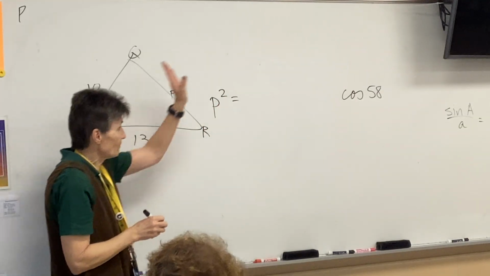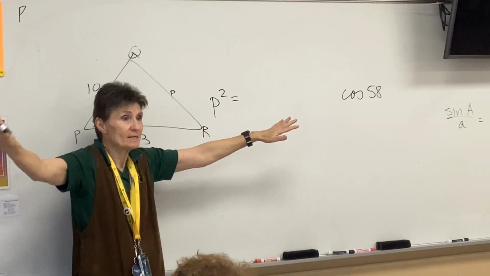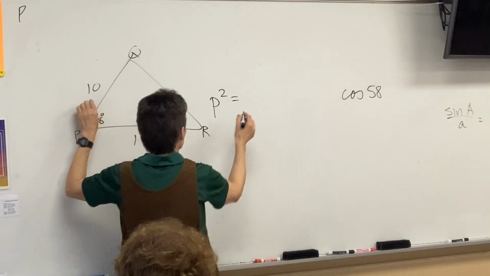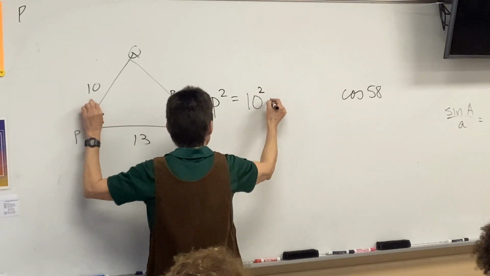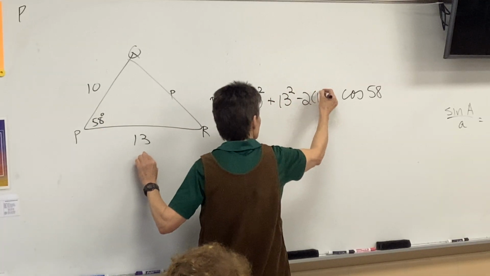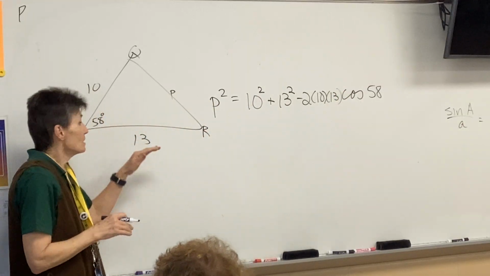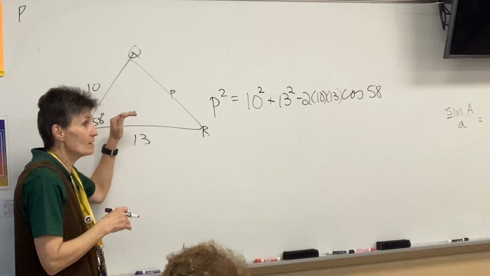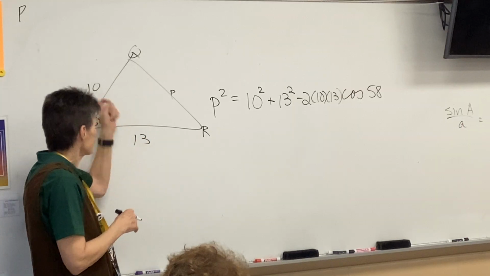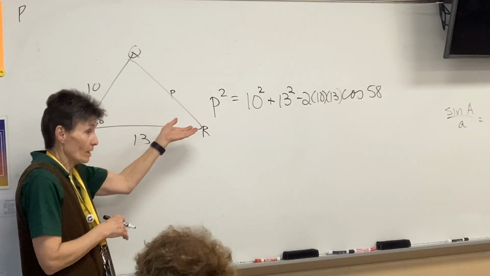Then in the middle, we have 10 squared plus 13 squared minus 2 times 10 times 13. It always looks like that: side squared plus side squared minus 2 times side times side. That's how the law of cosines looks.